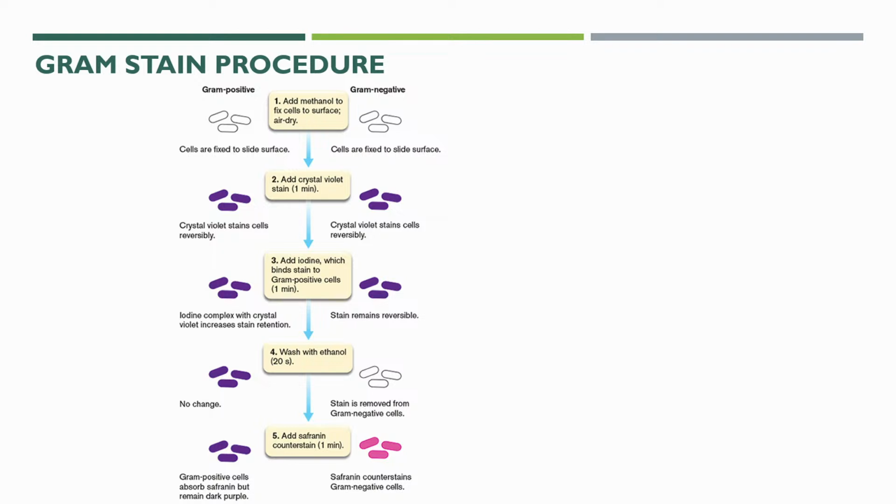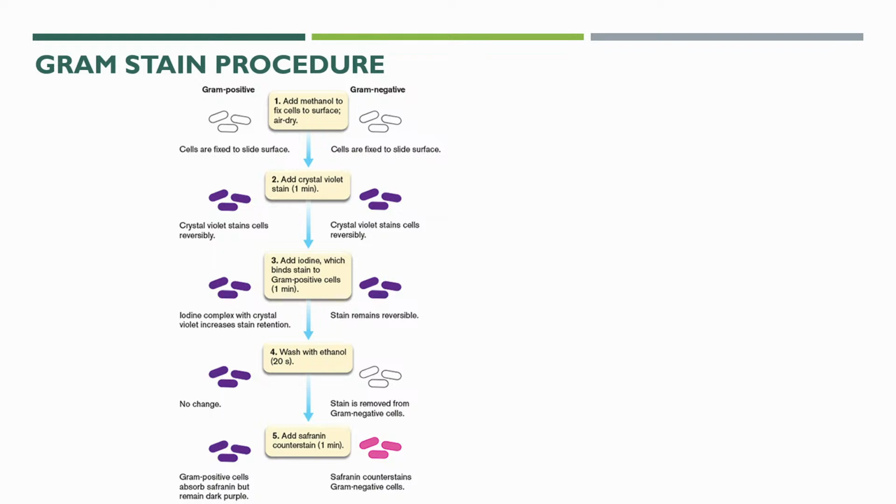Then you wash with a decolorizer, or ethanol in this case. So because this dye was locked in the gram-positive cells, they stay purple. But in the gram-negative cells, you wash with ethanol, something that's going to remove color. Think of alcohol, acetone, things like that. They remove paint and color. The stain is removed from the gram-negative cells.